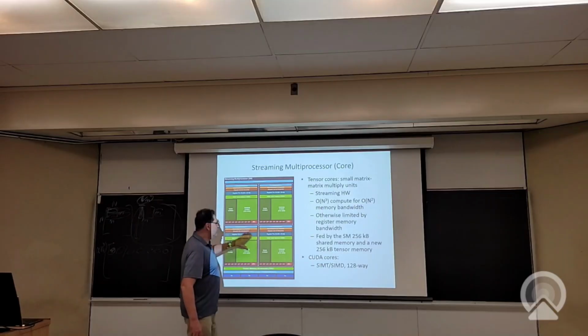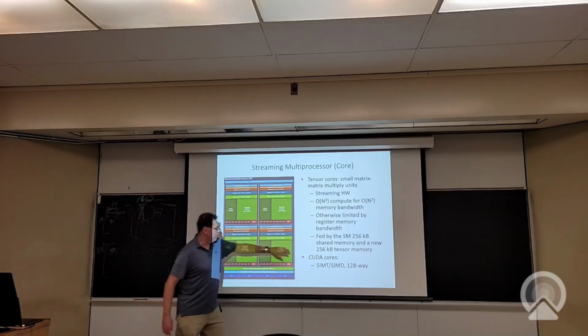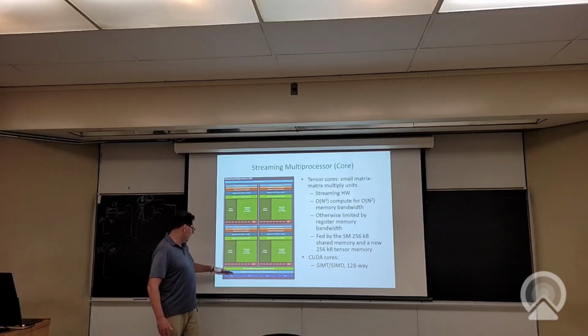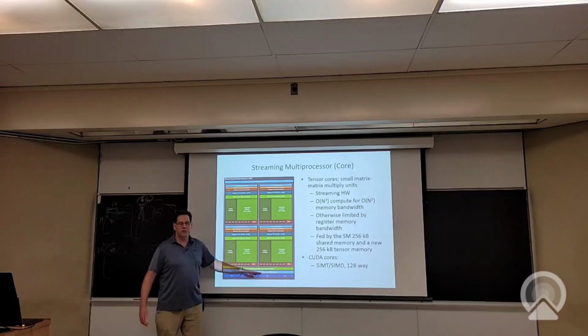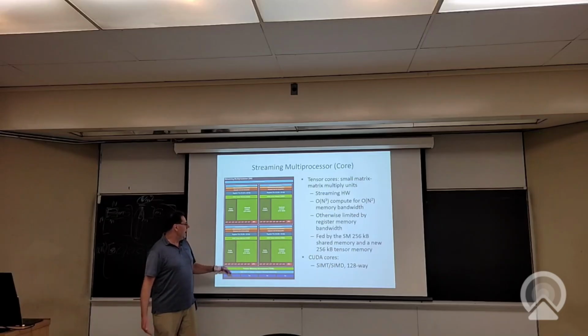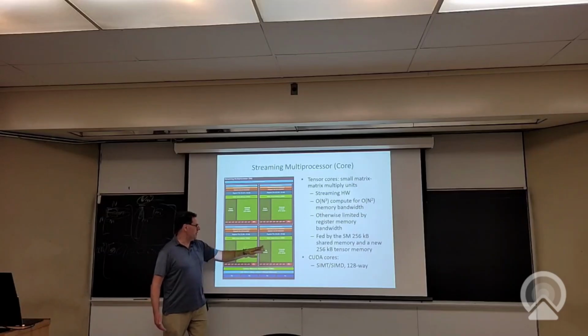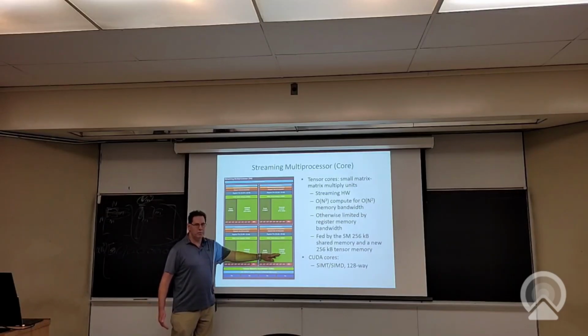What feeds these? They actually are not fed by the register files because they don't need as much bandwidth now. They're fed by the shared memory. There's this shared memory, which is like the L1 cache, but you usually explicitly manage it. And there's a new memory, the tensor memory. They have 256K of shared memory, and that can feed into one of the input matrices of these.